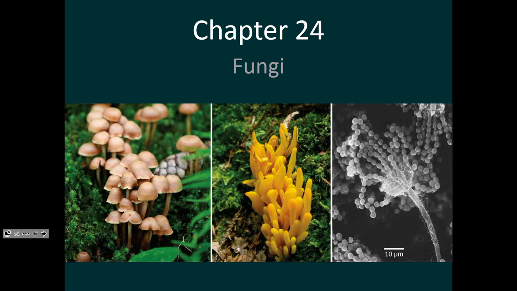All right. So this opening picture has two pictures of reproductive structures of fungus, and then one scanning electron micrograph of microscopic single-celled fungus. And so we'll see that there are both single-cellular and multicellular fungus.